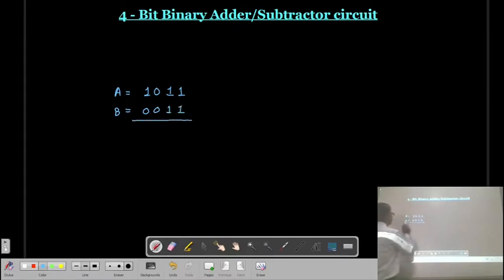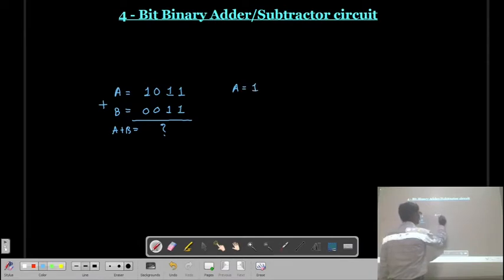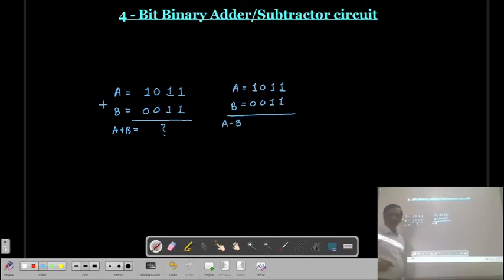If you want to perform A plus B, and in the same way, A minus B, what will be the logic circuit for the 4-bit binary addition and the 4-bit binary subtraction?